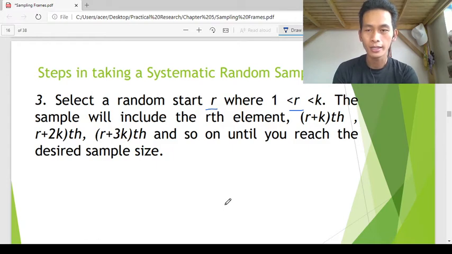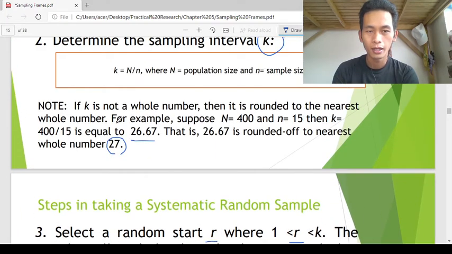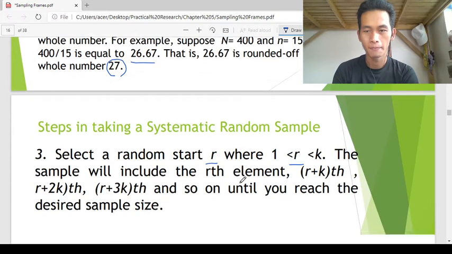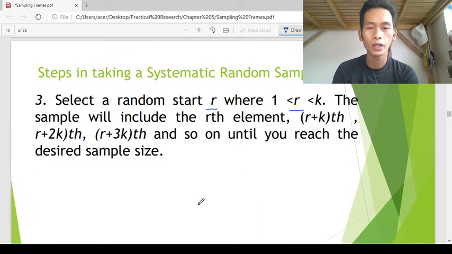The random start is less than the interval. Now the sample will include the Rth element, so the first sample is equal to R. The second is R plus k, R plus the interval, and then R plus 2k, R plus 3k, and so on until you reach the desired sample size.